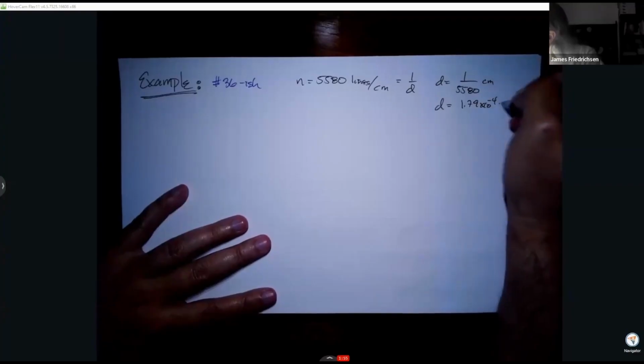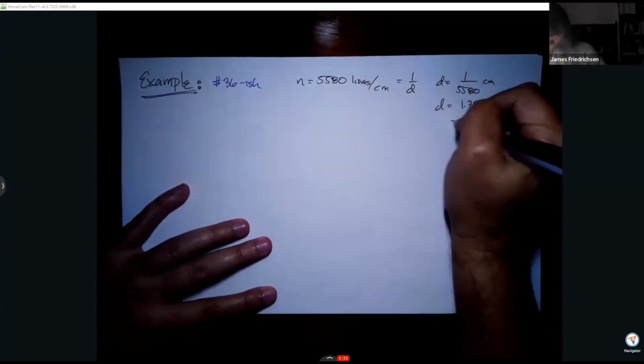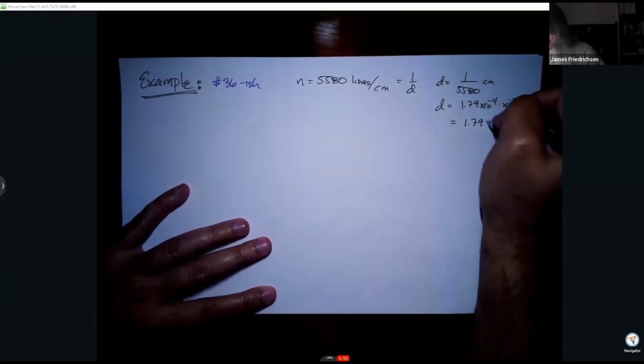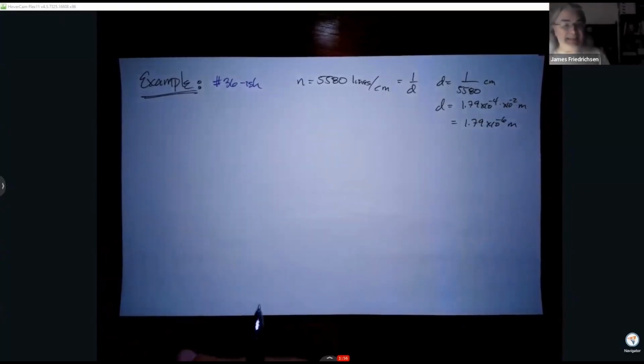And then centi is 10 to the minus 2. And so 10 to the minus 4 times 10 to the minus 2 is 10 to the minus 6 meters. That's our slit spacing.